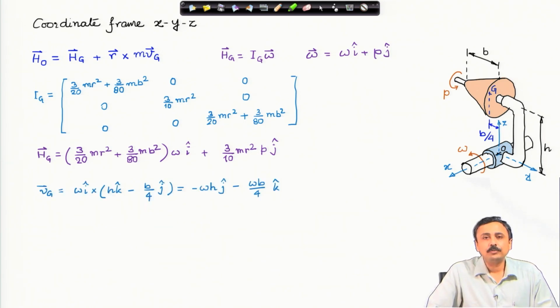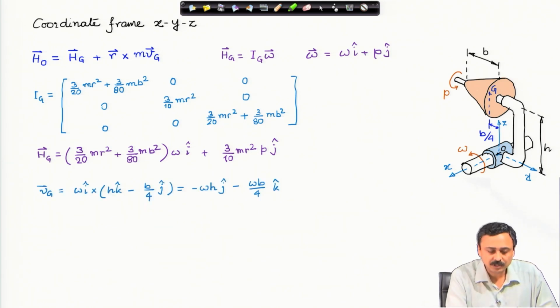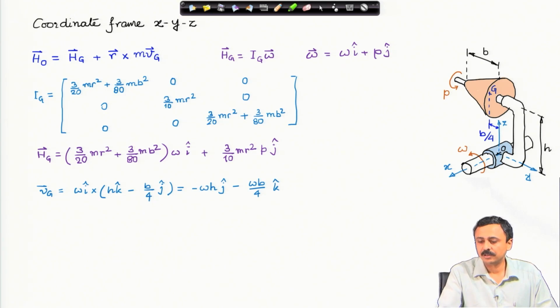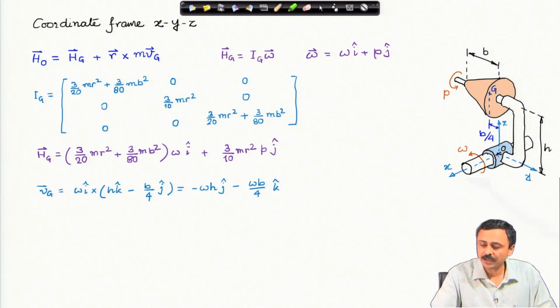Then we have to find out the velocity of the center of mass. It can be easily represented as velocity of O plus omega cross the vector from O to G, and velocity of O is 0 of course.